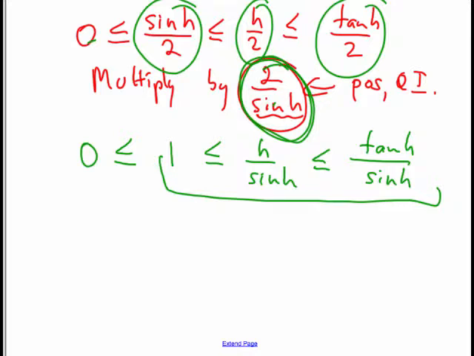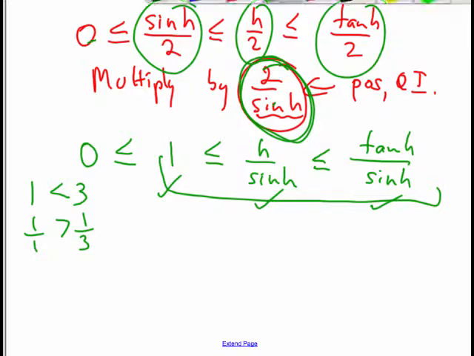And what I'm going to do is, you can see I've got h over sine h, which is looking close to what I'm trying to show, which is sine h over h, except I need a limit involved. So I'm going to take the reciprocal of each of these quantities. And when you take the reciprocal of two things that are positive, for example, 1 is less than 3, if I were to reciprocate both sides, you'll notice that the opposite side is now larger.